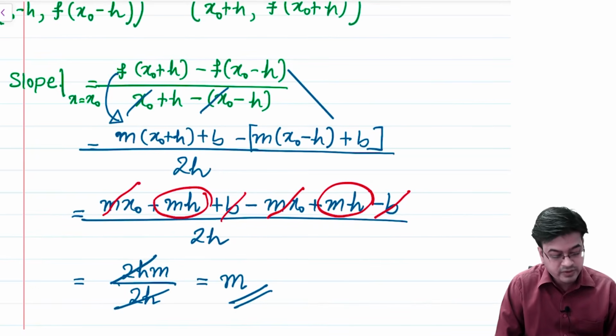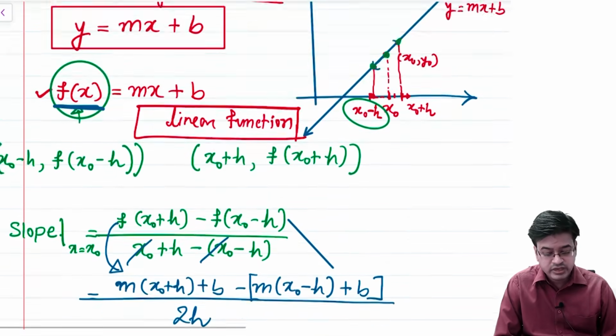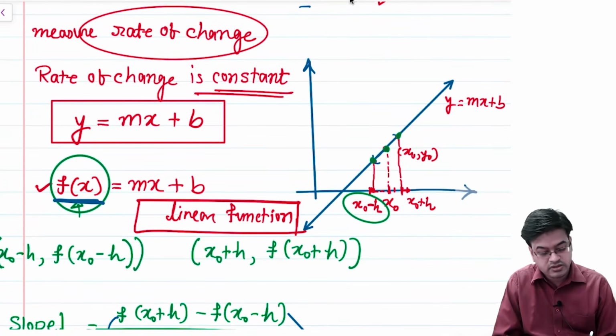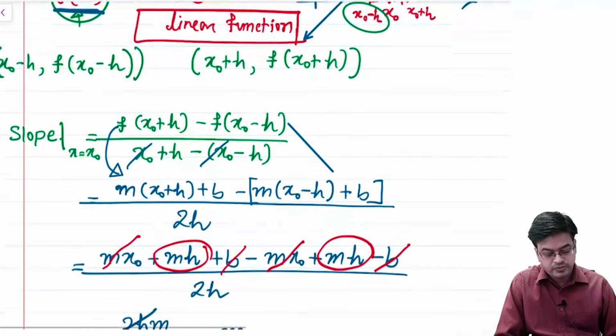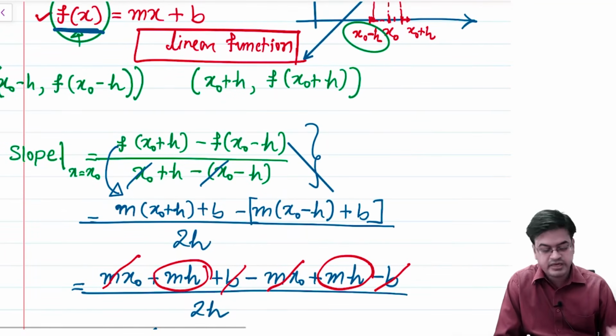So the slope of a line at x naught is m. We already know, and we also know that the rate of change of a line is always constant. So therefore my slope will always be m, and now we have verified this using the rise by run formula.